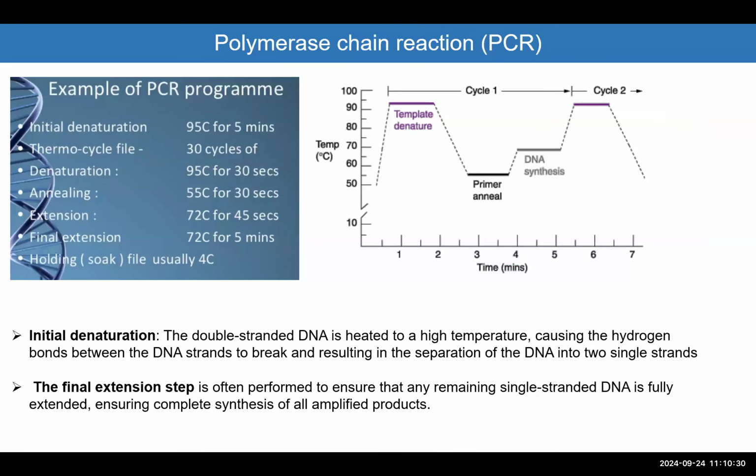Now, if you go to a machine to perform PCR, you will see an example of the program. An initial denaturation step. In order to have all the DNA denatured, we always add an initial denaturing step to the program, which is 5 minutes at 95 degrees.